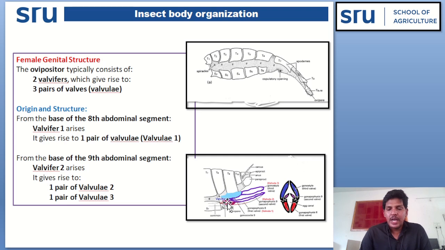From the base of the ninth abdominal segment, valvifer 2 arises, and it gives rise to 1 pair of valvulae 2 and 1 pair of valvulae 3. Totally 3 pairs of valvulae are there, which originate from 2 pairs of valvifers.